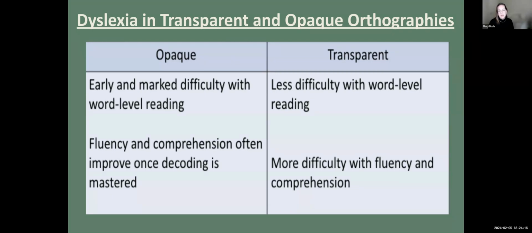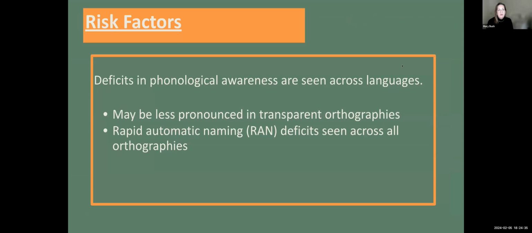But when they start looking at words with diphthongs like siete, that'll be more of a problem, and they'll start having more difficulty with fluency and comprehension. In an opaque language, once they have improved that decoding and mastered it, their fluency and comprehension is going to improve.